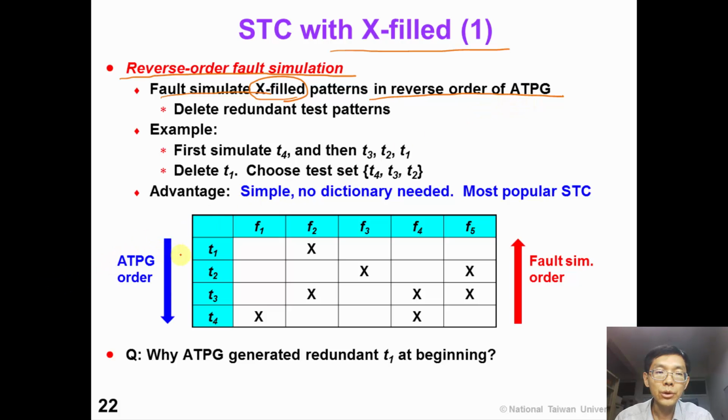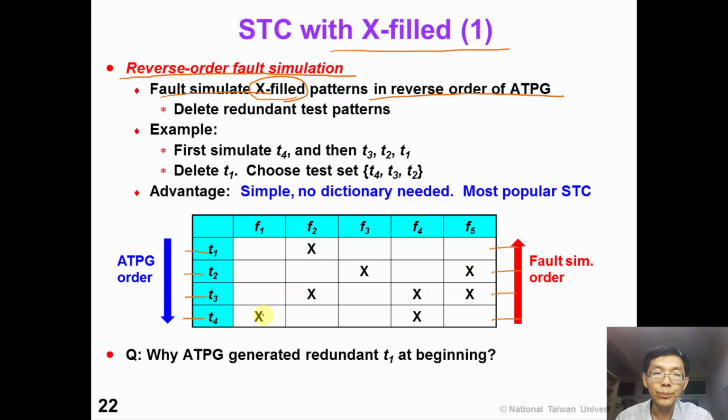Suppose that in ATPG we generate test T1 first, then T2, then T3, and finally T4. After test generation, we would perform fault simulation in reverse order, starting from T4, then T3, T2, finally T1.